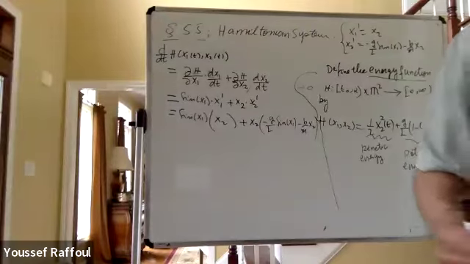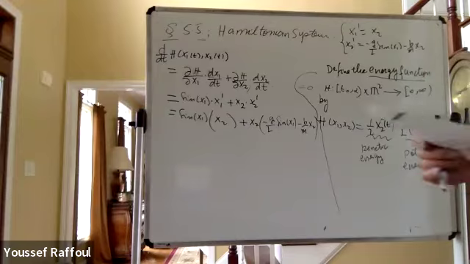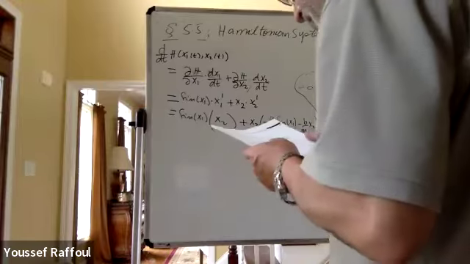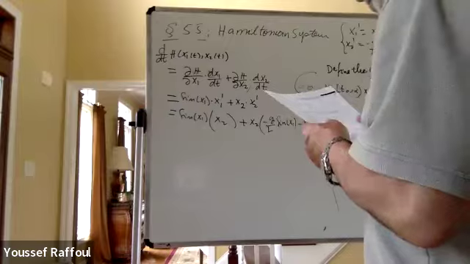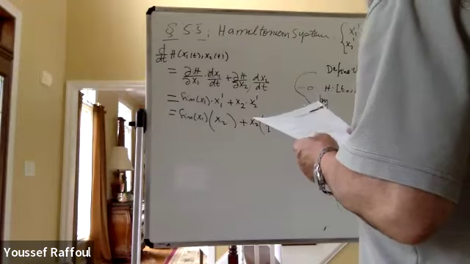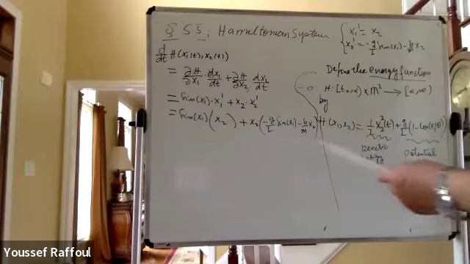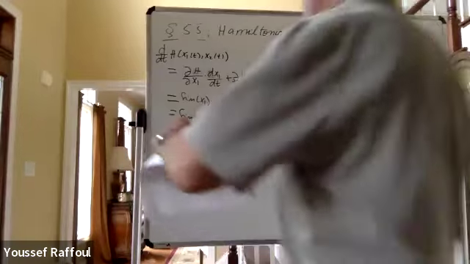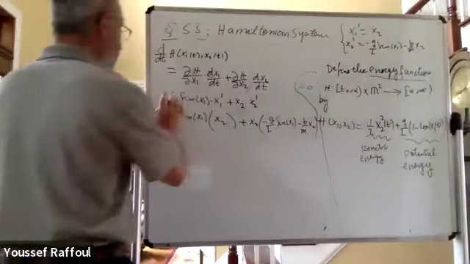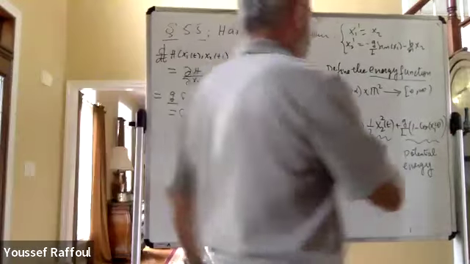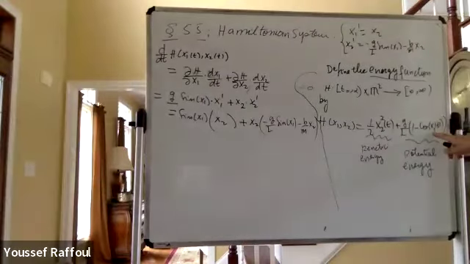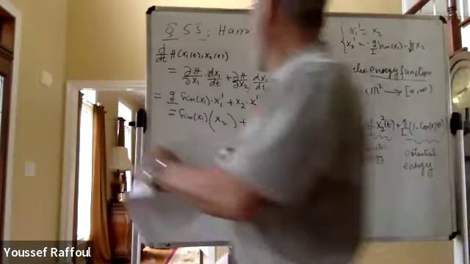Okay, let's see what I got here. I forgot here that I have, if you take the partial with respect to x1, you get g over L sine x1.